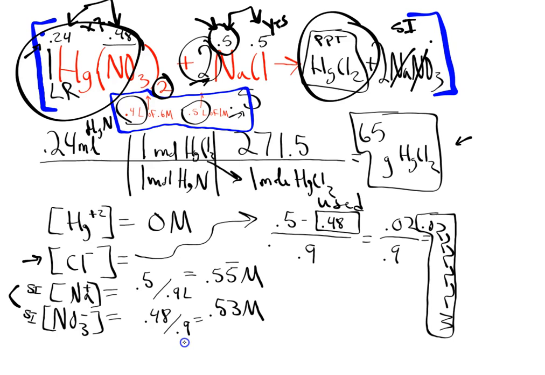Now, to find the chlorine, you take 0.5 and you subtract the used. The used, we have that fancy little thing we wrote yesterday. But if you look, every time we use one of these, it's twice as much as one of those, right? Or 1 to 2.